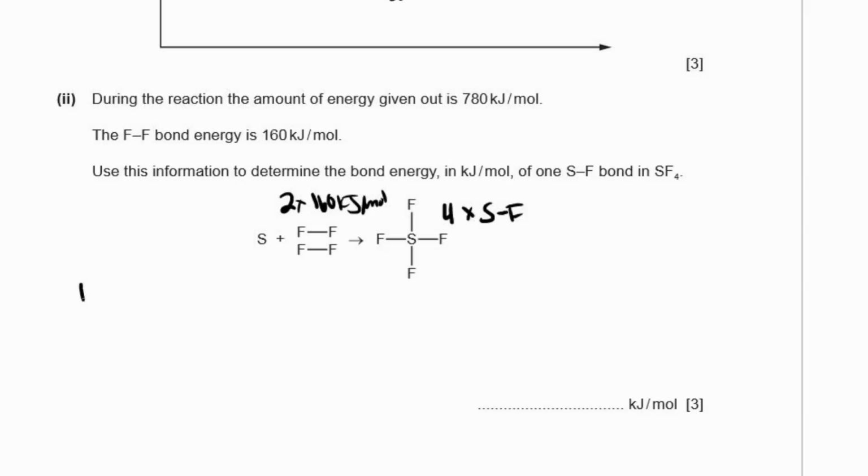Okay, so the total energy in a reaction equals the bonds broken minus the bonds formed. The bond energy of the broken bonds and the bond energy of the formed bonds.